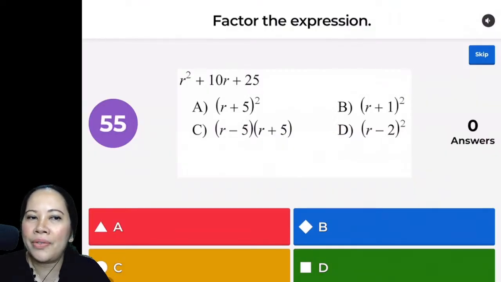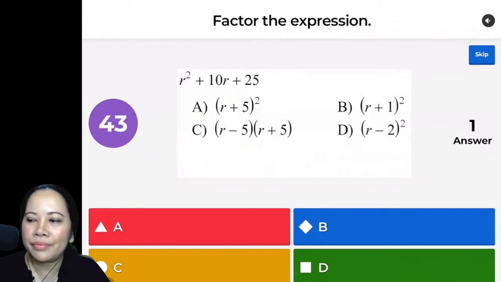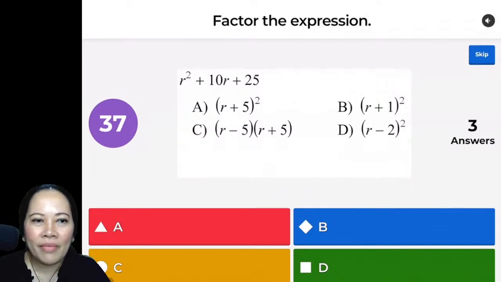Is it r plus 5 square? Is it r plus 1 square? Is it r minus 5, r plus 5? Or is it r minus 2 square? What would that be?